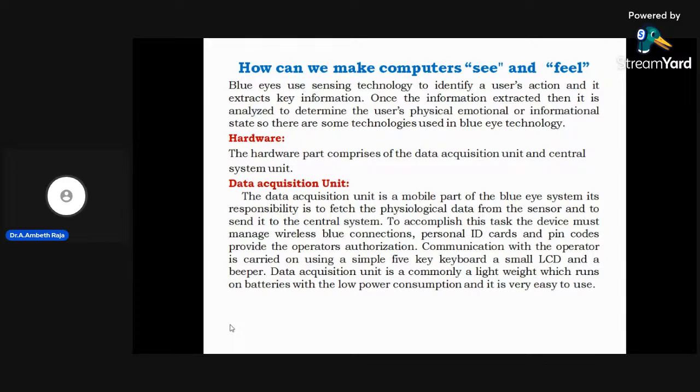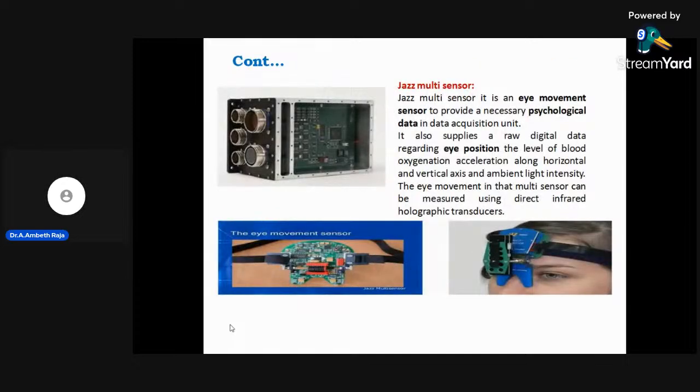Communication with the operator is carried out using a simple 5-key keyboard, a small LCD, and a pager. The JAWS multi-sensor is an eye movement sensor that provides the necessary psychological data to the data acquisition unit. It also supplies raw digital data regarding eye position, the level of blood oxygenation, accelerations along the horizontal and vertical axes, and ambient light intensity.